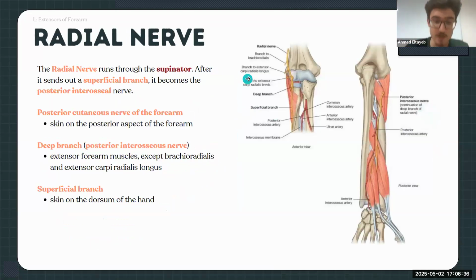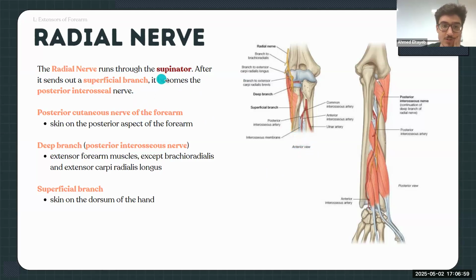Now, remember how we talked about the median and the ulnar nerve and the flexors? Here we only have the radial nerve. The radial nerve is going to supply all of our extensors, and it does so after it pierces through supinator. That gives us a superficial branch, and any superficial branch will innervate the skin; it's a cutaneous branch.